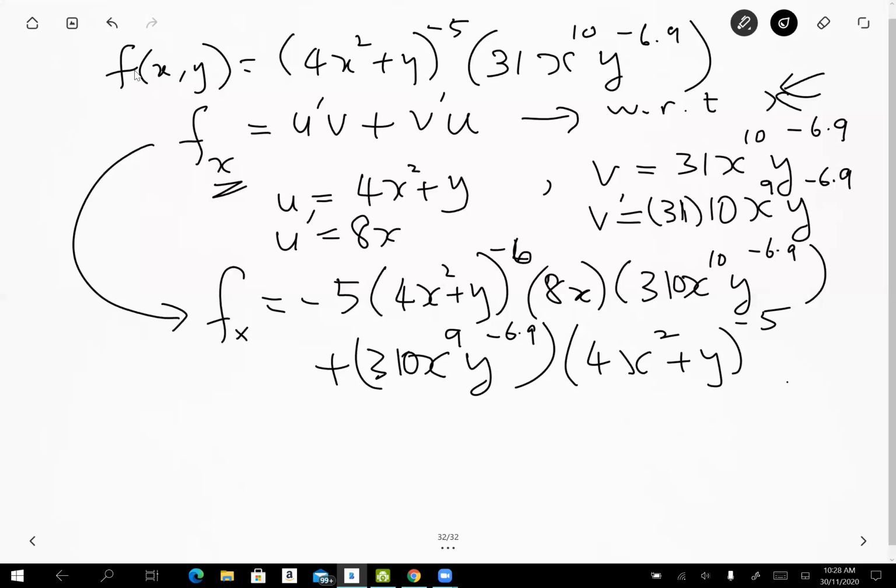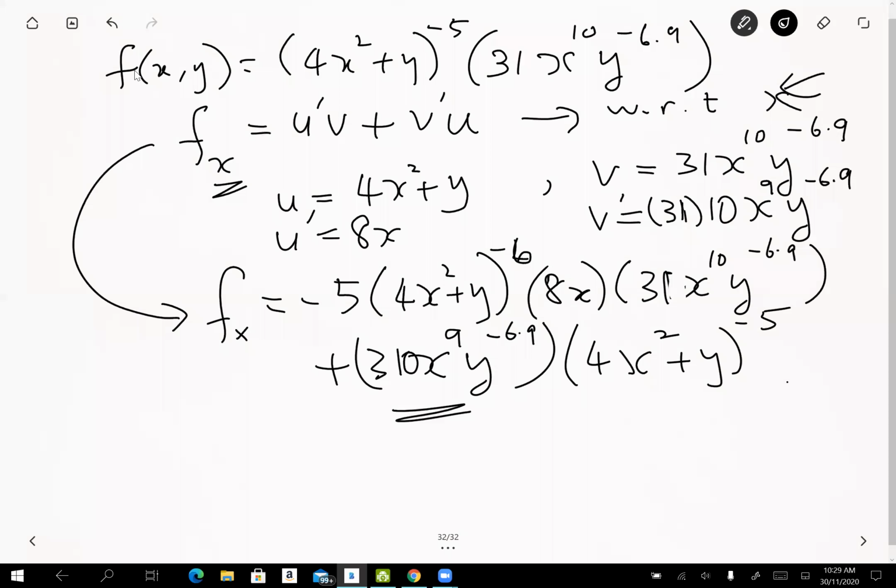Which one is v prime? Right, thank you. I also multiplied everything. This one is right, just 31. Okay, you're right. So that is 31 x to the power of 10 y to the power of negative 6.9. So that 310 is for the v prime.